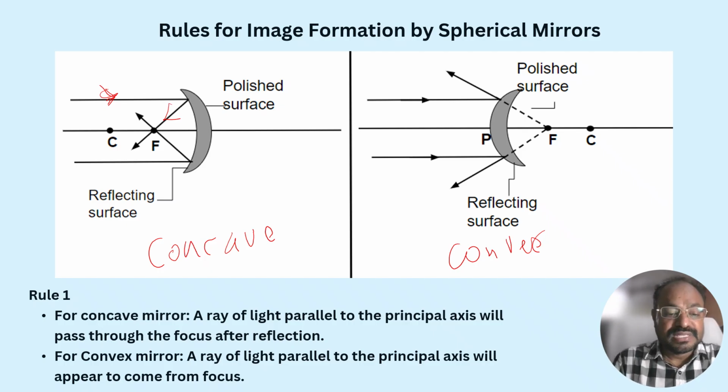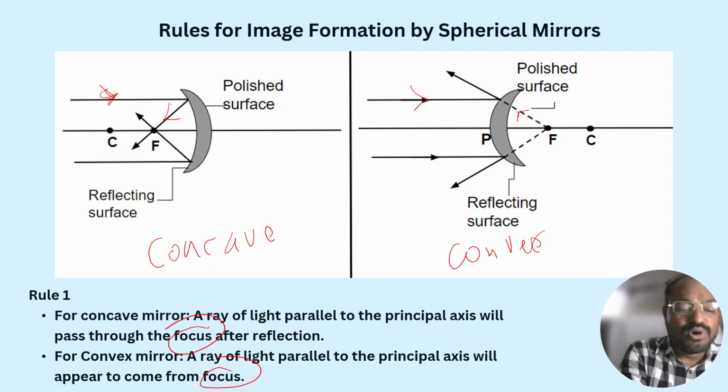So, rule 1: a ray of light parallel to the principal axis will pass through the principal focus after reflection. Similarly, for a convex mirror, a ray of light coming parallel to the principal axis will appear to come from the focus. You can see it is appearing to come from the focus. So this is the first rule for concave and convex mirror. A ray of light parallel to the principal axis will always pass through, or appear to come from, the principal focus for both concave and convex mirror.